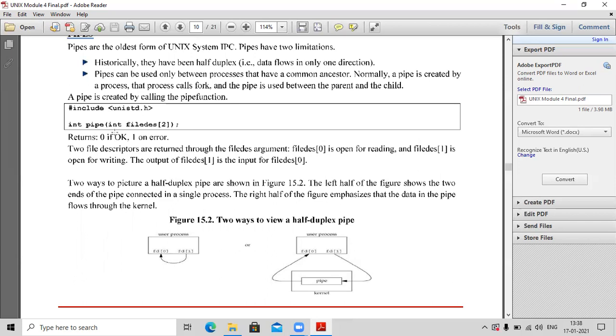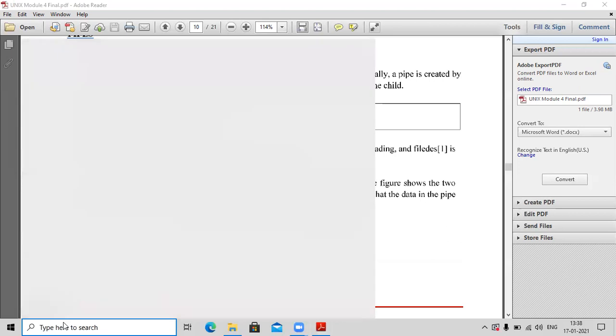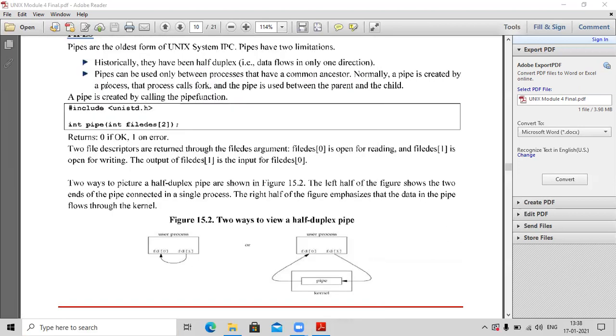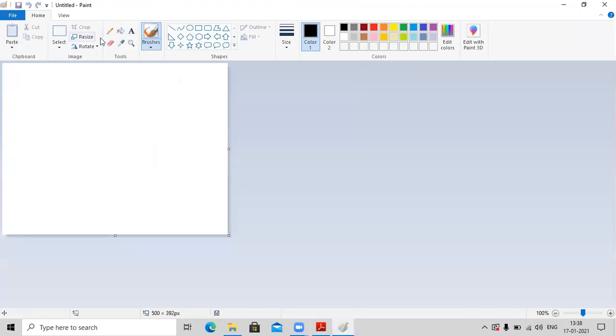So we'll be using two file descriptors. One file descriptor will be used for reading and the other will be used for writing. When you establish a pipe, for example, if I open Paint for you, just a second, as you can see, a pipe gets established here. Imagine this is a pipe.